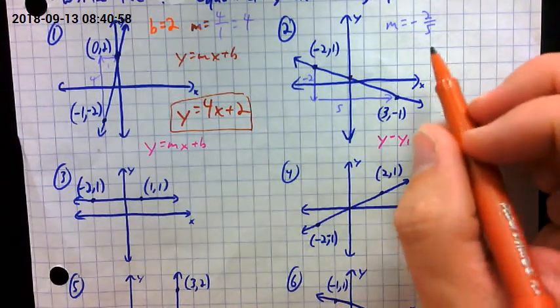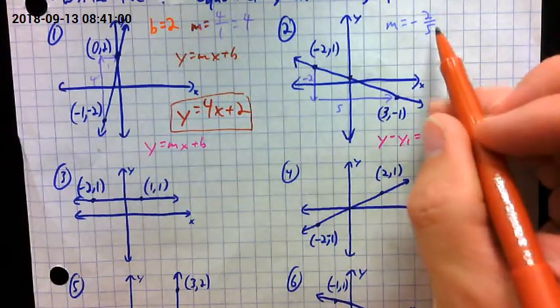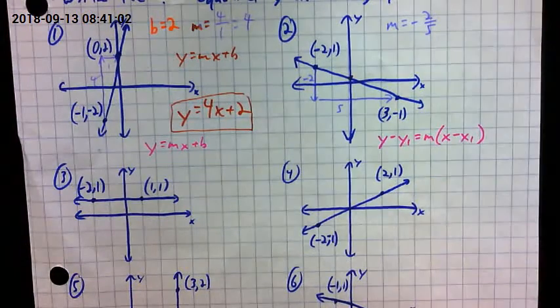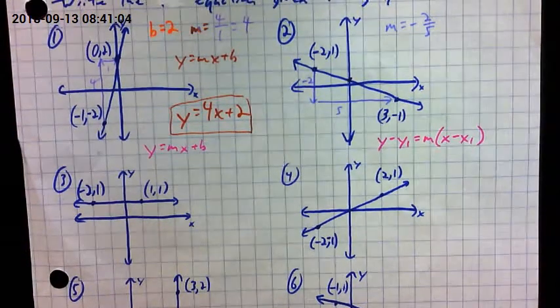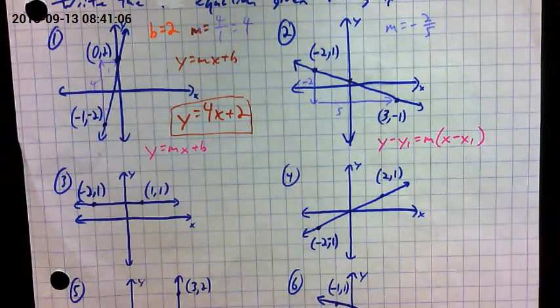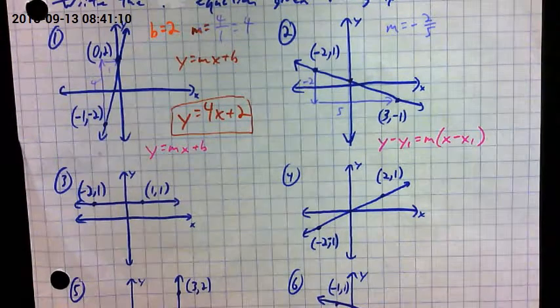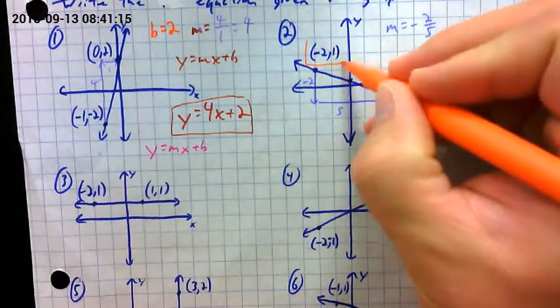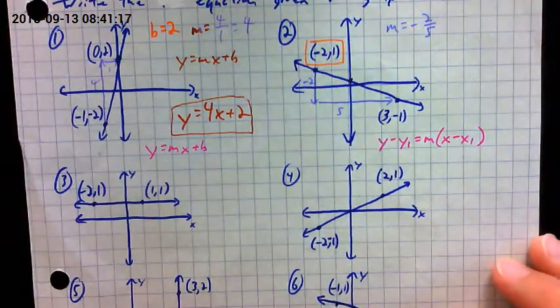So on this one, we have our slope is -2 over 5. But now you need one other piece of information in order to write your equation. So we need to know a point. Well, we have 2 different points to choose from. So I could take this point and write an equation using that point.